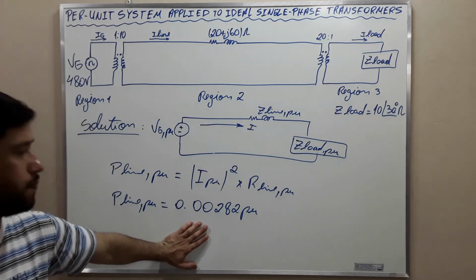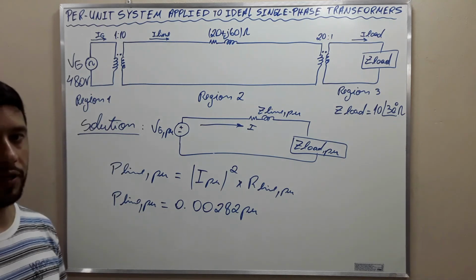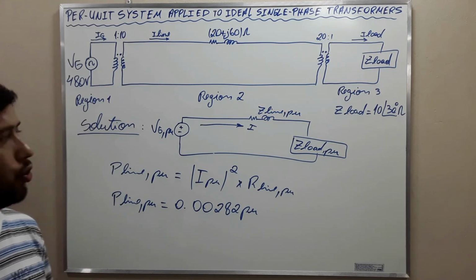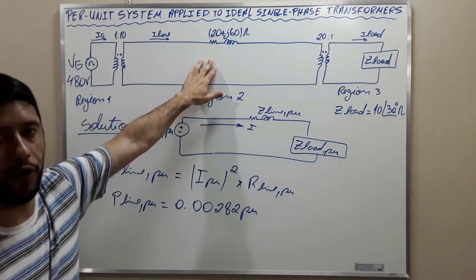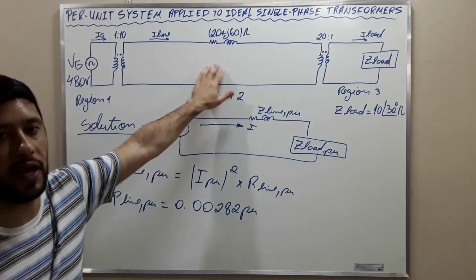This is in per unit. To convert it into watts, we need to use the base value for the apparent power.